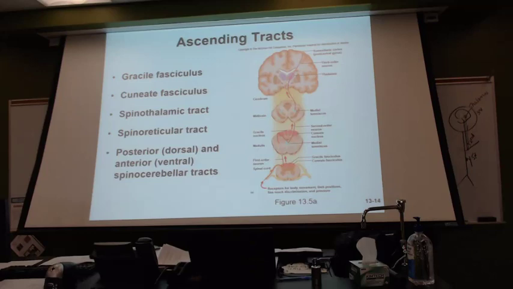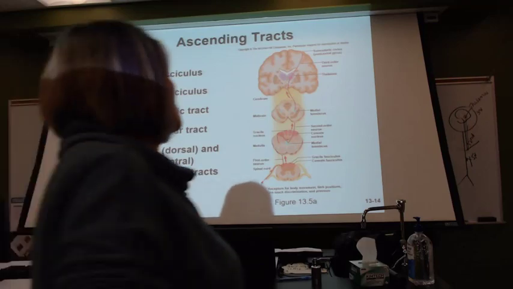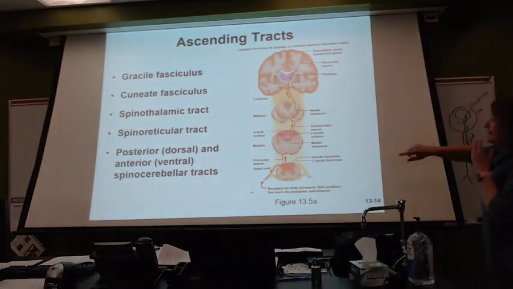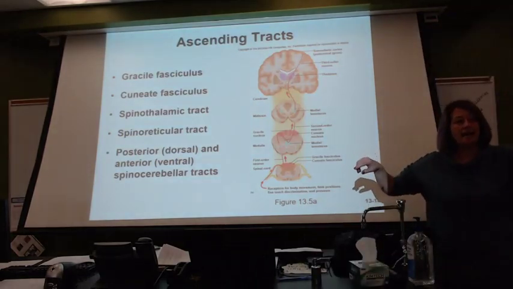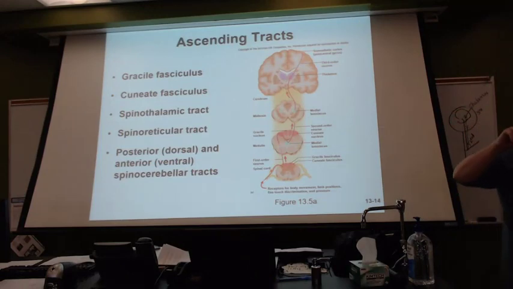Okay, so now we meet our neuron. Now the zigzag. What way did we say information could go? We could decussate, we could go contralateral, we could go ipsilateral.